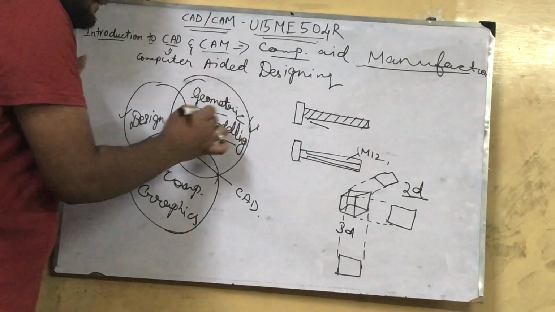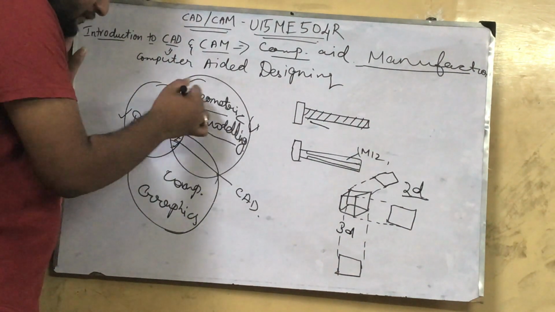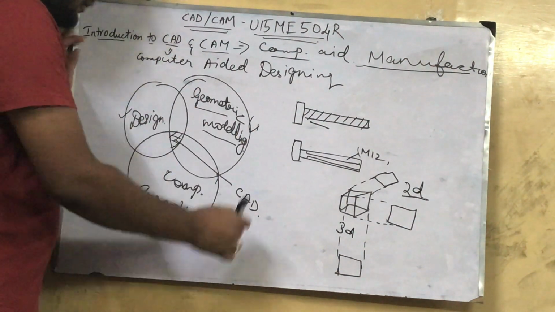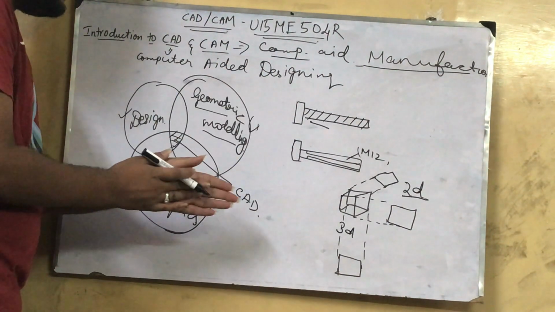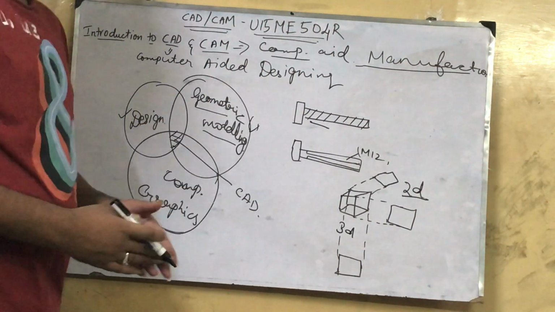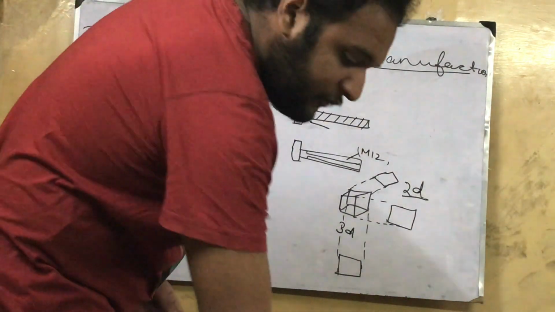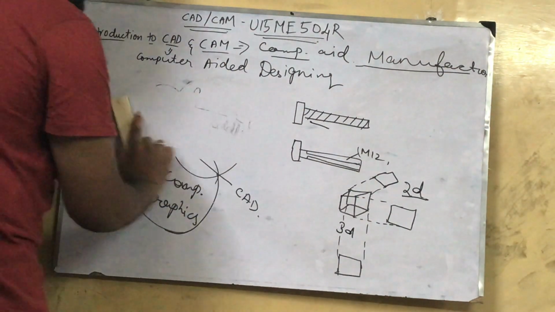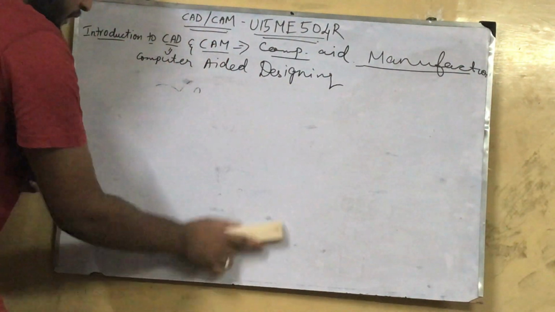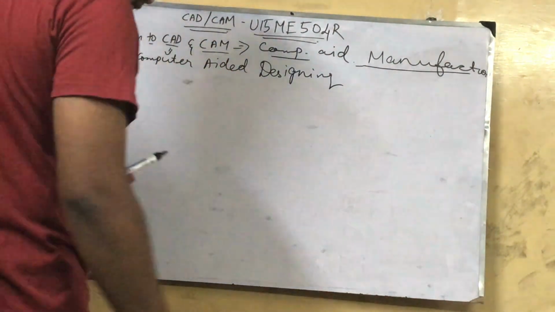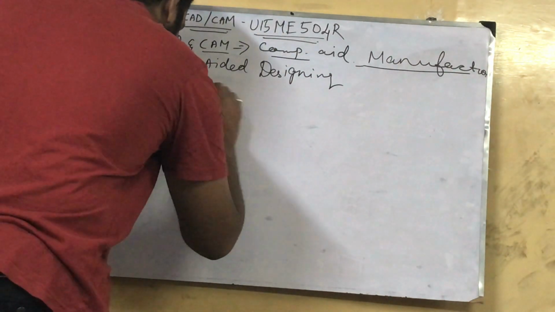So all these things, the geometric modeling with its dimensions, the computer graphics and the design, all three collaborate together to form computer aided designing. And for CAM, what are the three basic things required such that CAM, computer aided manufacturing, can be fulfilled?